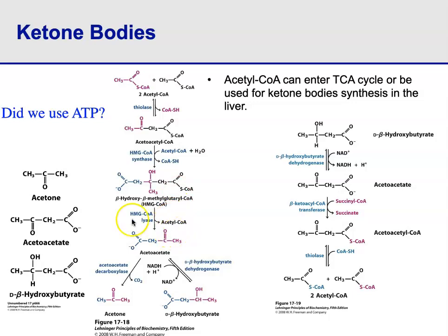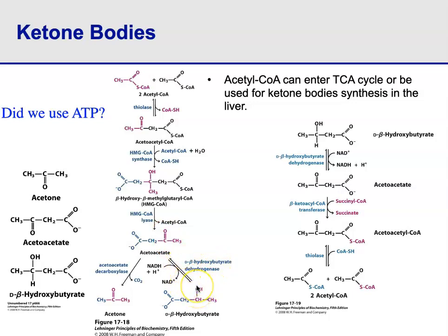Okay, acetoacetate is the first, or main, ketone body. If we decarboxylate it, if we remove that carboxyl group, we end up with acetone. And if we reduce it, we get beta-hydroxybutyrate. You can see that instead of a ketone group, a carbonyl group, we end up with a hydroxyl group.